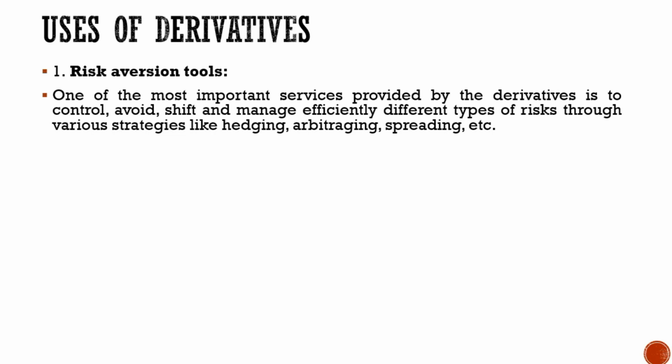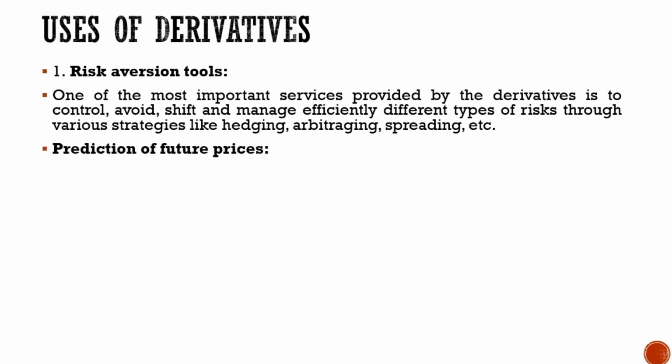That is by hedging, where you are trying to protect your risk. Arbitraging, again, similar concept. Spreading is again the difference between the buying and selling. So derivative is basically used as a risk aversion tool.